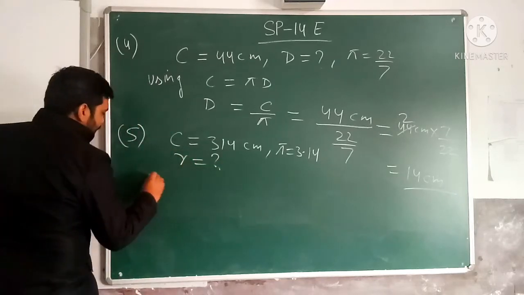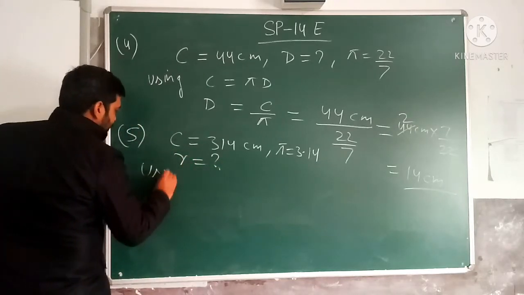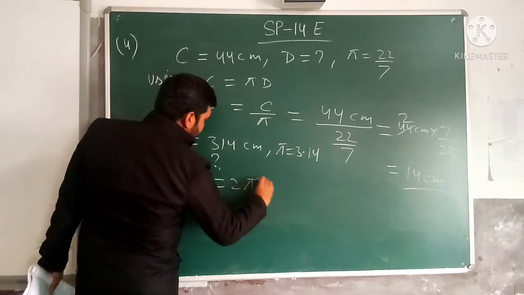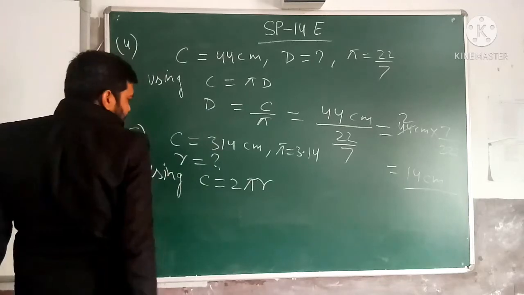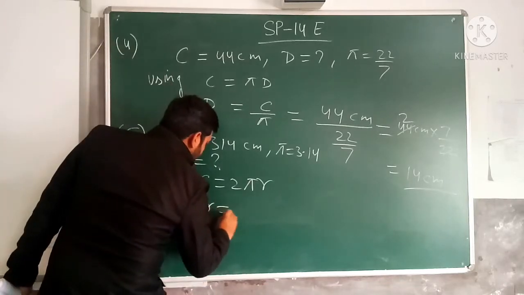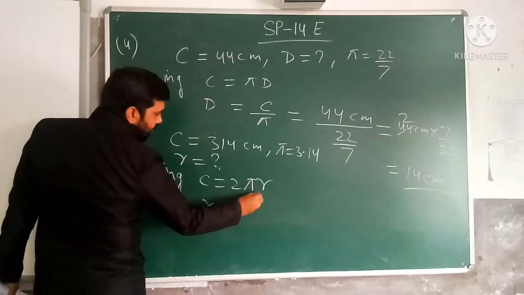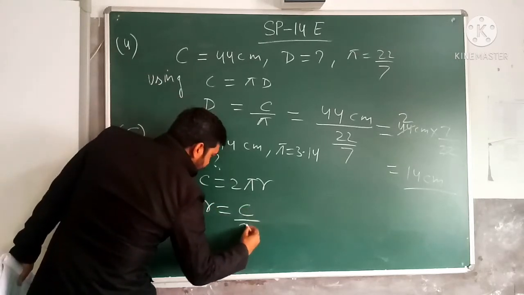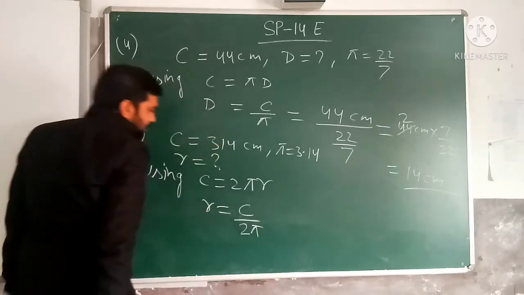So here we use the formula circumference is equal to 2 pi r. In this case we have to find the radius. So r is equal to, keep this r, we transfer the 2 pi to the left hand side. So the circumference will be divided by 2 pi. So r equals C divided by 2 pi.